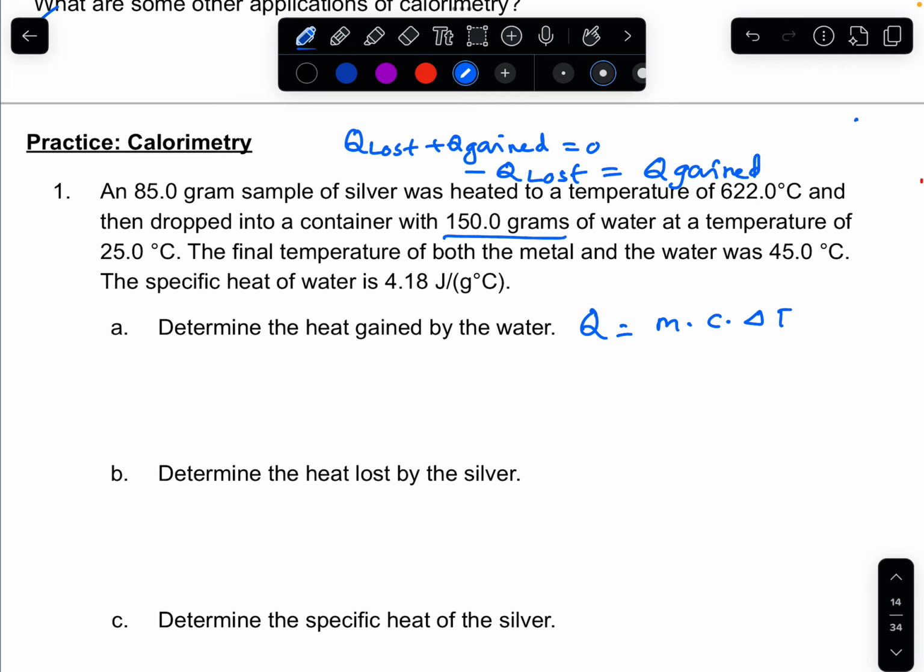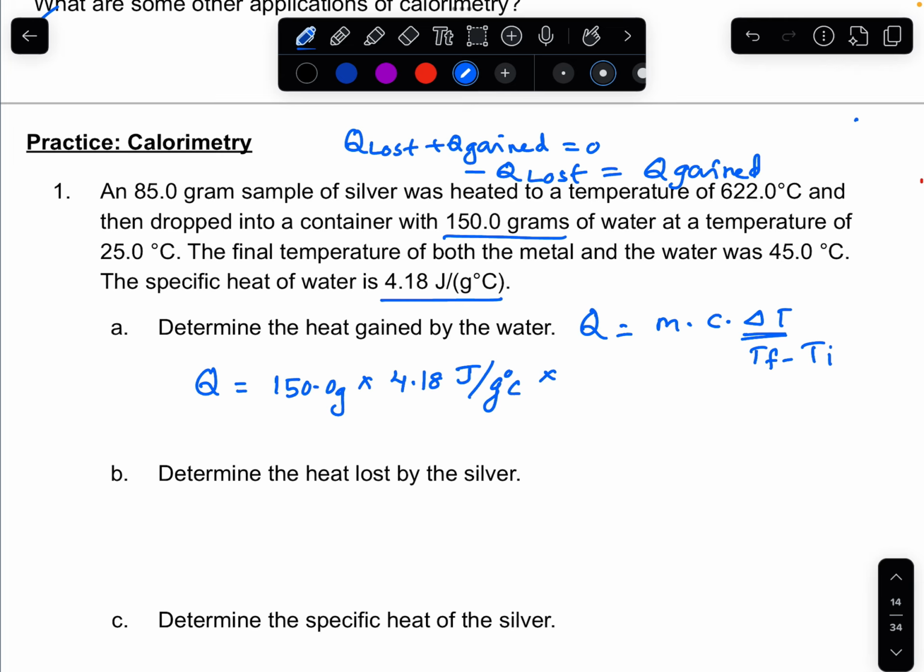This is 150 gram of water, so you write 150 gram of water times C of water. If it is not given in the question, you have to look at your formula sheet. This is given on your formula sheet: 4.18 joule per gram degree Celsius times delta T, which is T final minus T initial of water.